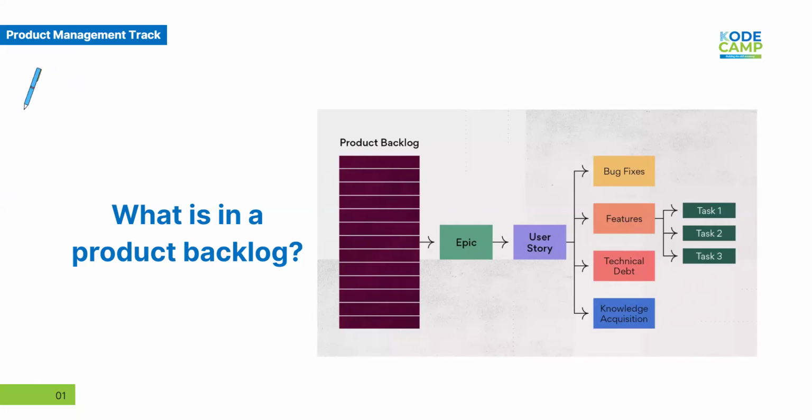Now, in order to answer that, we are going to walk through all the different types of items that should live inside a well-managed product backlog. I want to show you how these things come up in real life and how they show up in your daily product work.